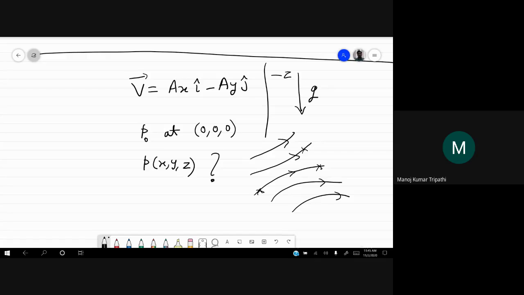But there are certain conditions under which that constant on the right hand side of Bernoulli equation is the same even for different streamlines. So if you know that condition, then only you can apply Bernoulli equation for this problem, because here you want pressure at every other point, not just along one single streamline passing through the origin.